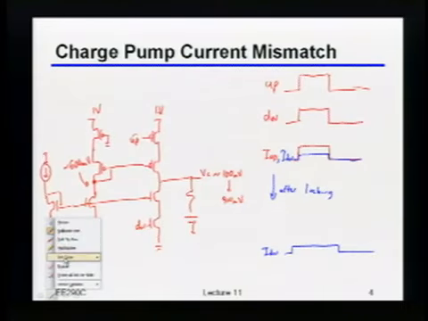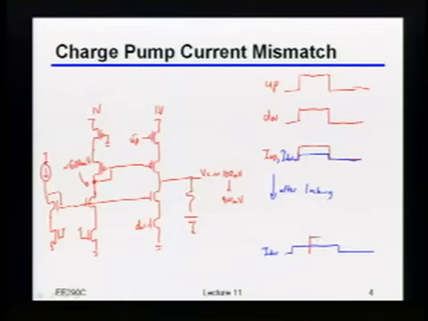So that implies that I up would have to start some time like this. And presumably, if I did things right, then the area under those two curves would be the same, right? Okay, so what do these two waveforms imply about the up and down signals? Which one comes first?